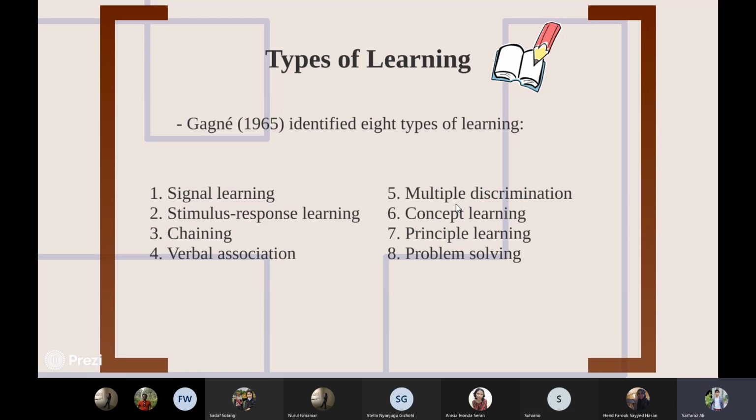But some of the theories lacked some types of learning. So with this, Gagne in 1965 identified eight types of learning.